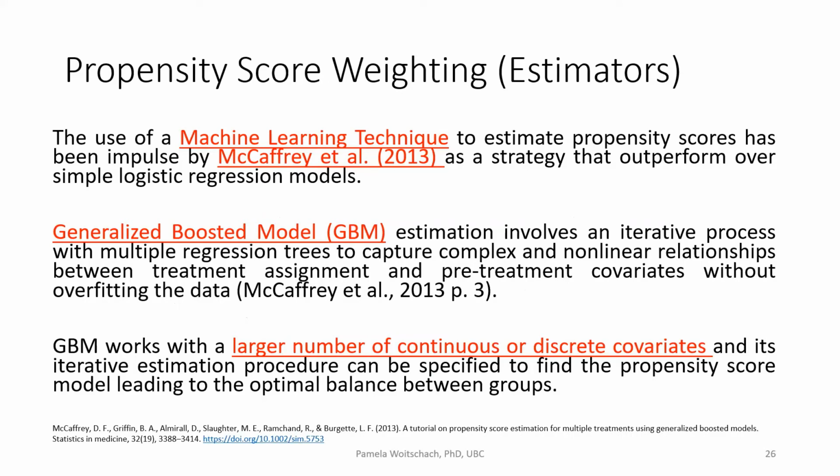So, to overcome some of the downsides of logistic regression, the use of machine learning algorithms is being proposed. In this case, we talk about the generalized boosted models. This GBM estimation involves an iterative process with multiple regression trees. GBM works with a larger number of continuous or discrete covariates.